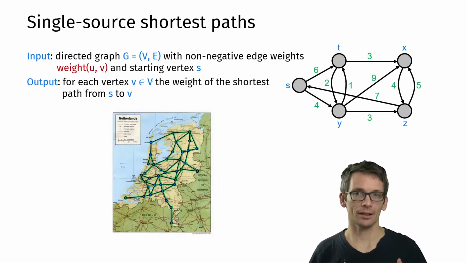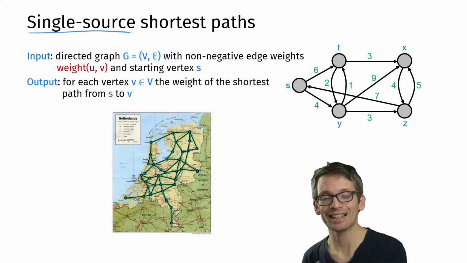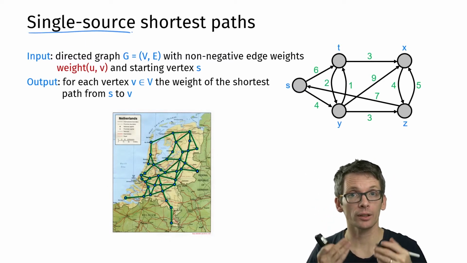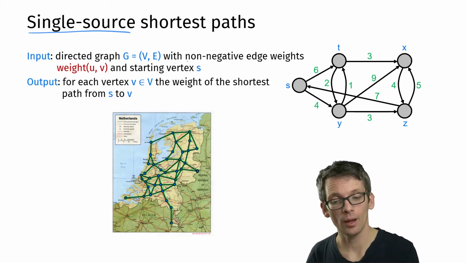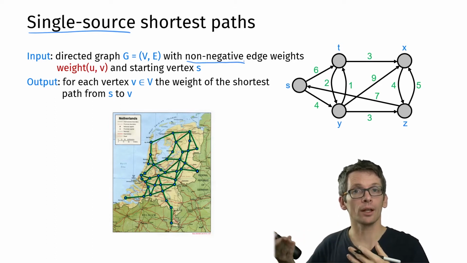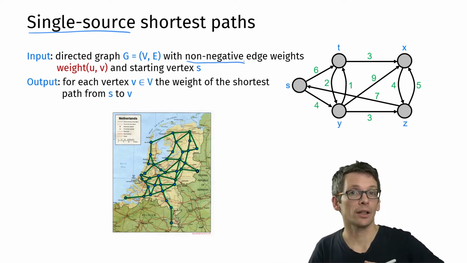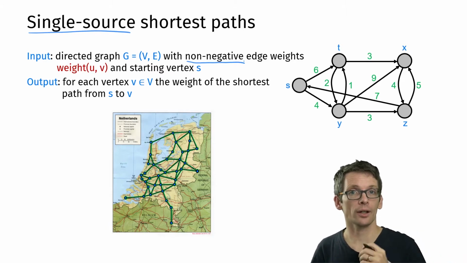Let's formalize the computational problem that we're going to solve. We're going to solve the single source shortest path problem. What does that mean? The input is a directed graph with edge weights, and we're going to assume that those edge weights are non-negative. If you think of road networks with travel times as edge weights, then those naturally will be non-negative.